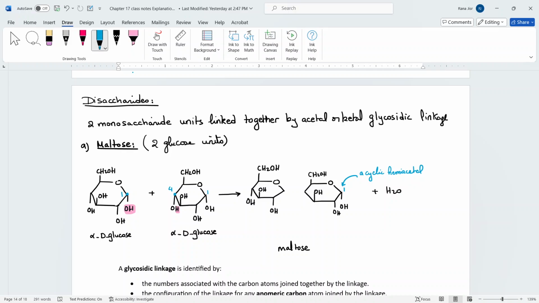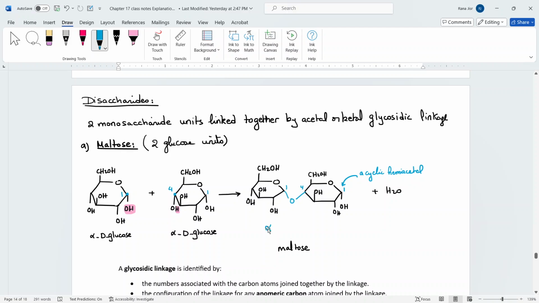We're going to call it a glycosidic linkage. So that is going to be the oxygen between carbon 1 and carbon 4. That glycosidic linkage is formed from the alpha glucose. This is carbon number 1 and the OH was down.